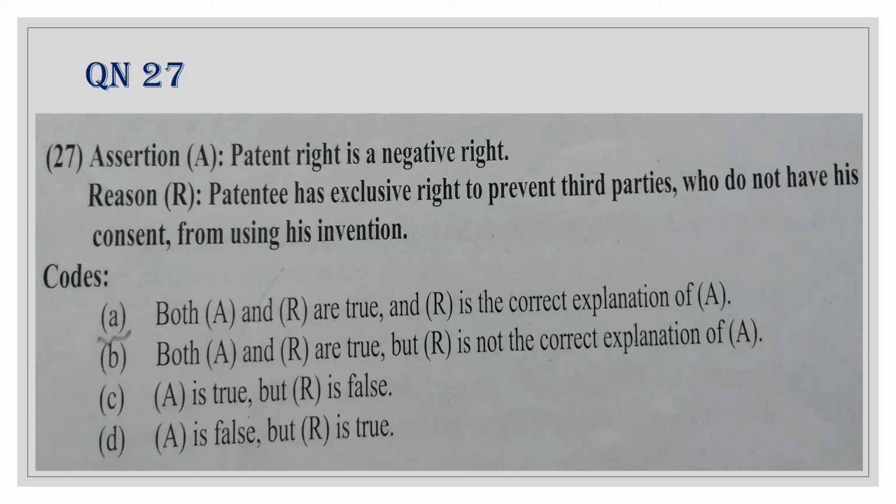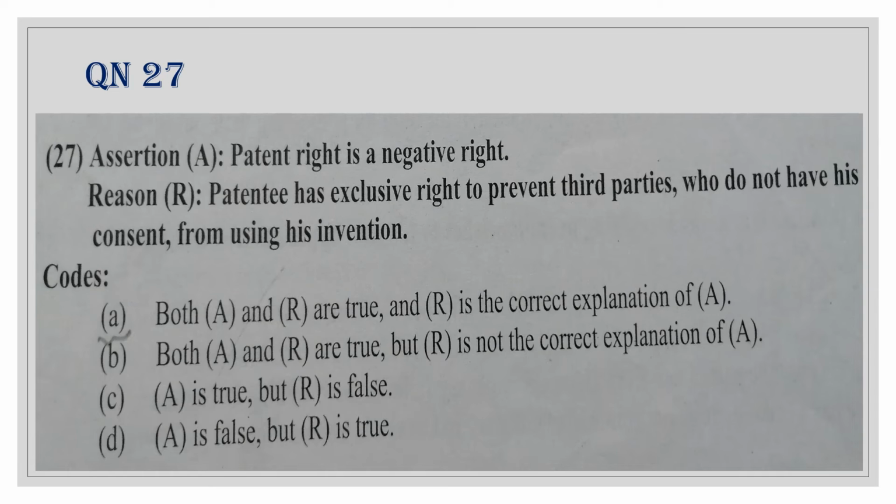So the assertion statement is, patent right is a negative right. Yes, 100% correct. So assertion is a correct statement. And the next statement, reason statement is, patentee has exclusive right to prevent third parties who do not have his consent from using his invention. Yes, this is also correct.